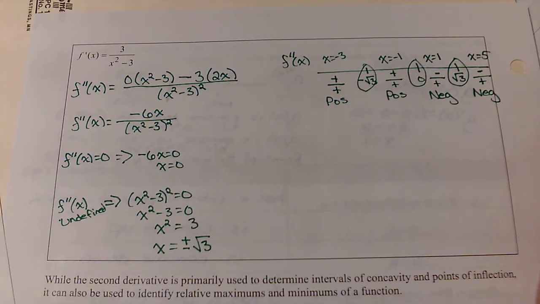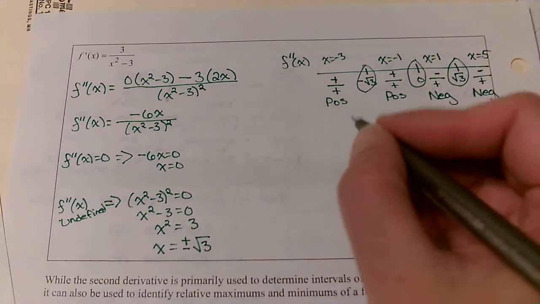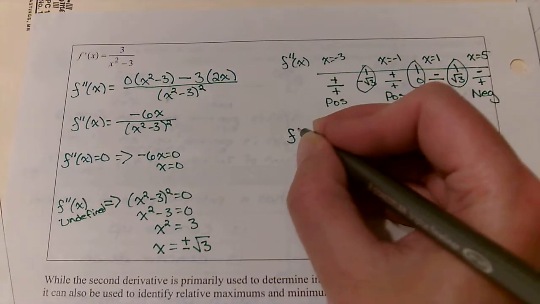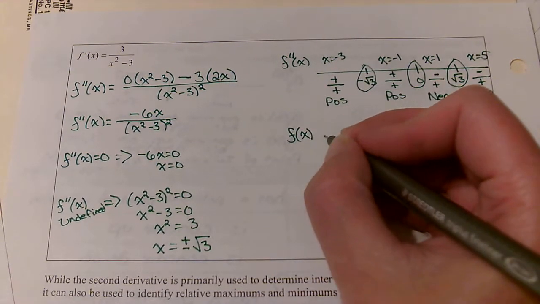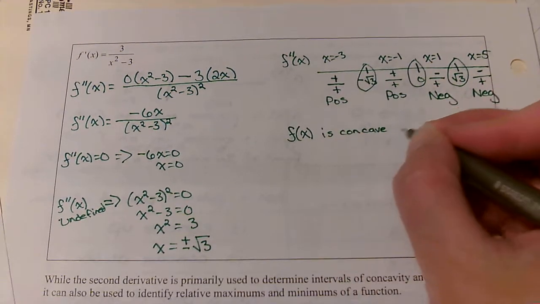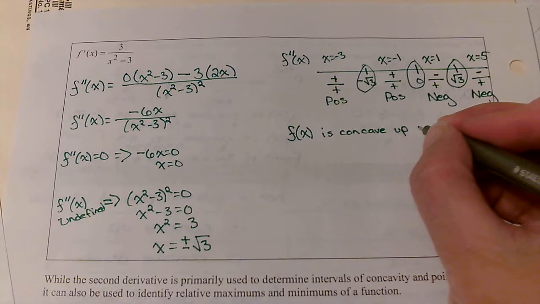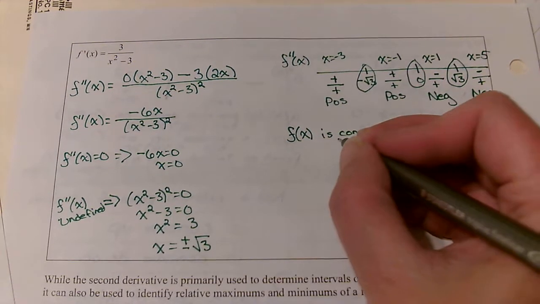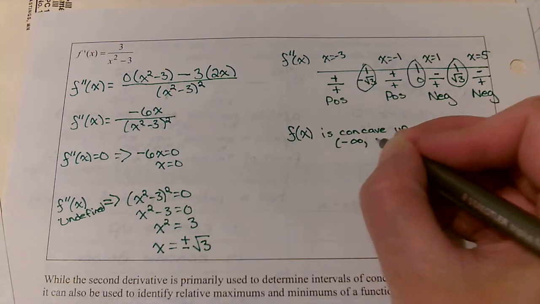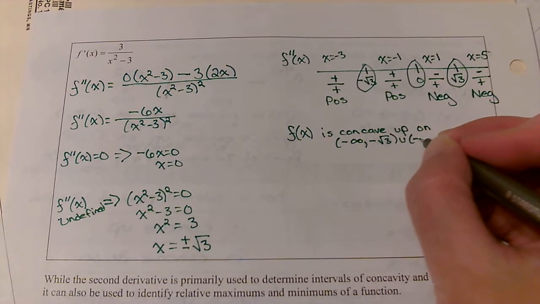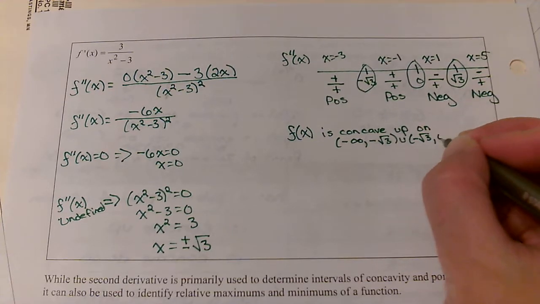We can talk about our concavity and then start thinking about where the points of inflection would be. So f of x is concave up on negative infinity to negative square root of 3, and then from negative square root of 3 to 0.